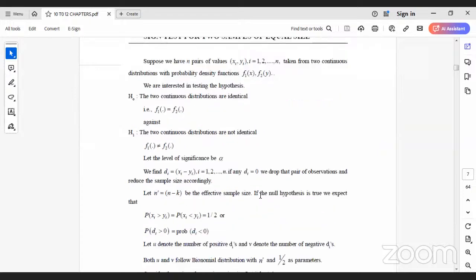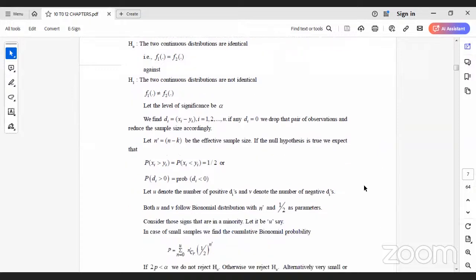And if any di is equal to 0, we drop the paired observations and reduce the sample size. N dash is equal to n minus k, the effective sample size. The null hypothesis is true. We expect that P(xi greater than yi) and P(xi less than yi) is equal to 1 by 2, that is P(di greater than 0) or P(di less than 0).